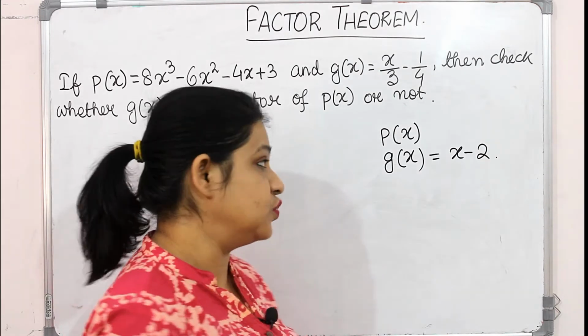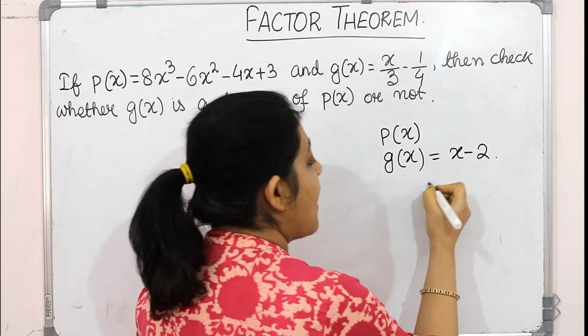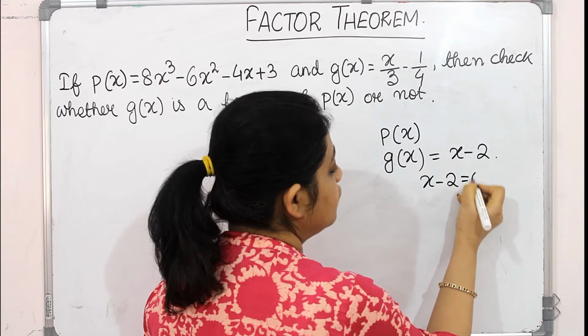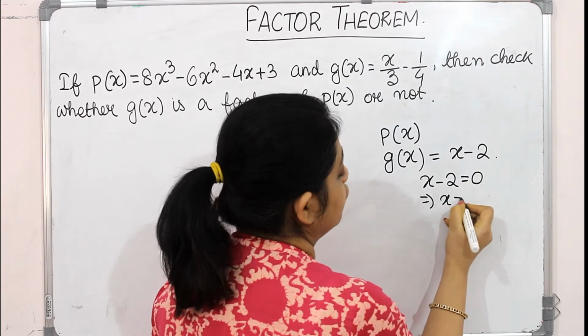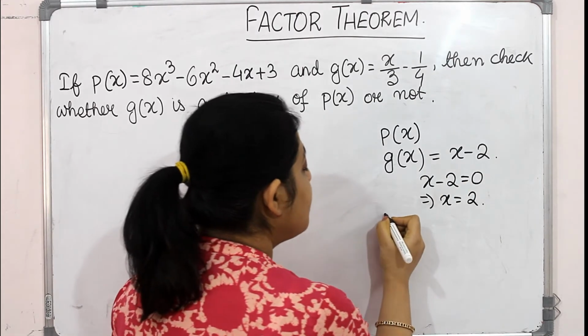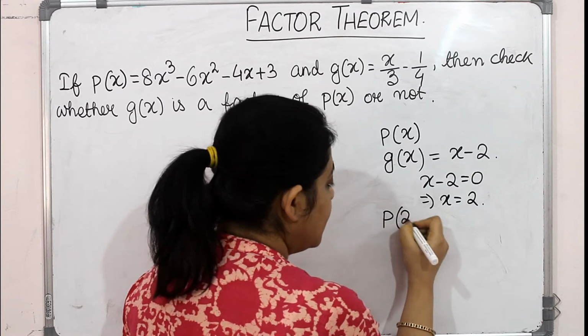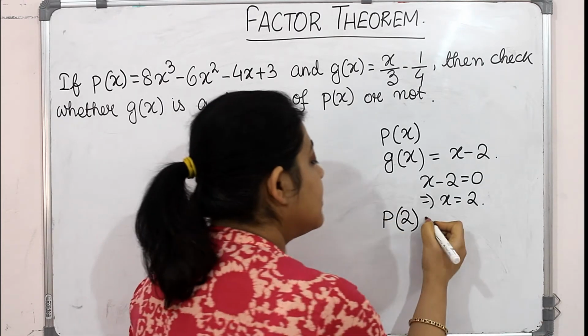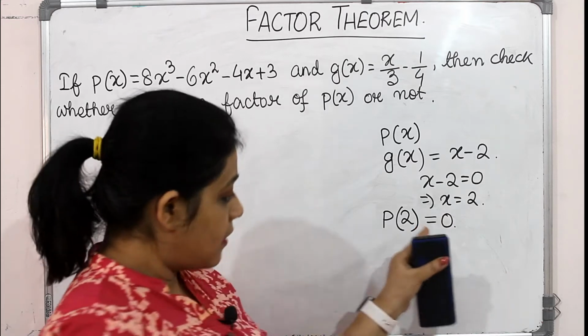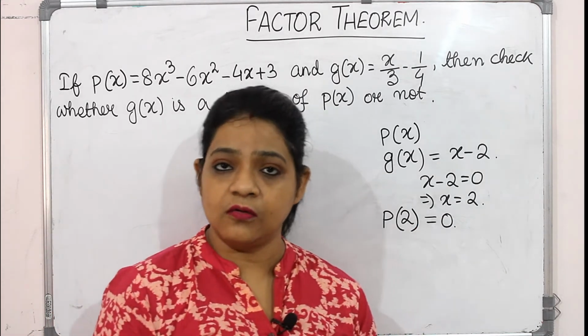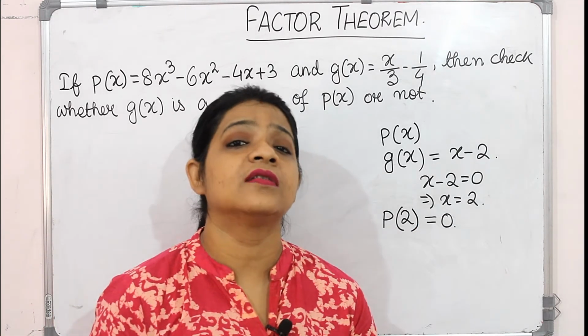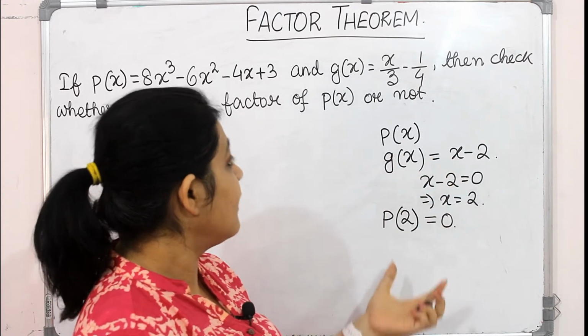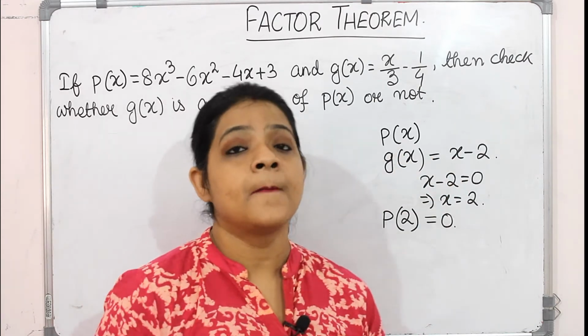If x minus 2 is equal to 0, then x equals 2. Now if you put p(2) and get the final value as 0, then you can say that g(x) is a factor of p(x).